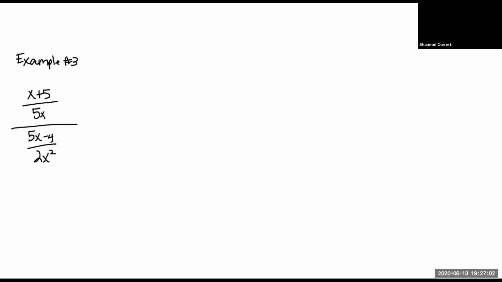Example number 3. We have x plus 5 over 5x divided by 5x minus 4 over 2x squared. Same process. I will rewrite this as x plus 5 over 5x divided by 5x minus 4 over 2x squared.